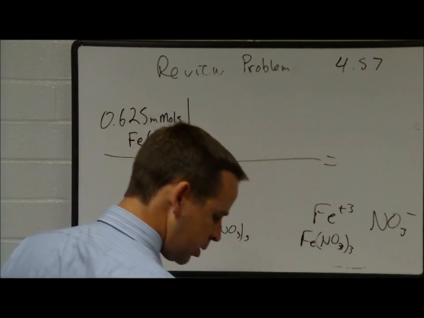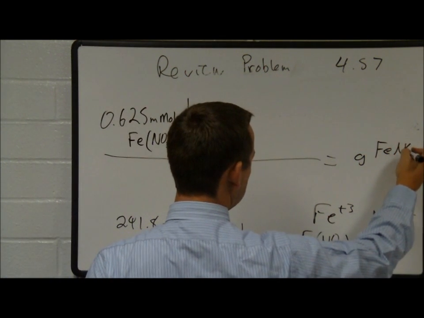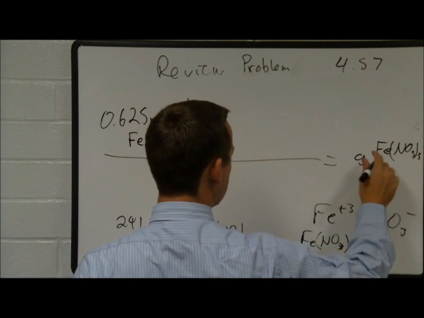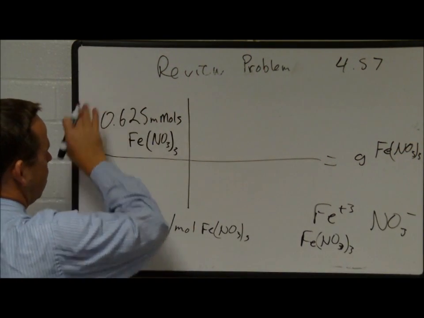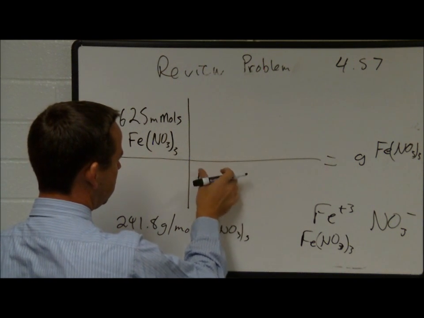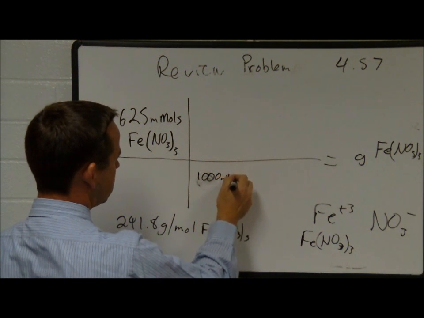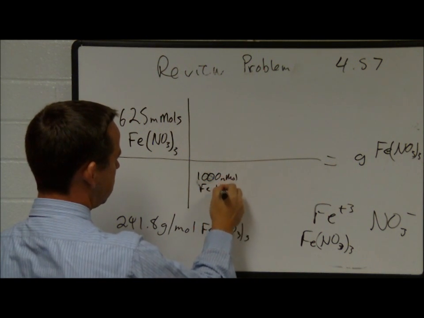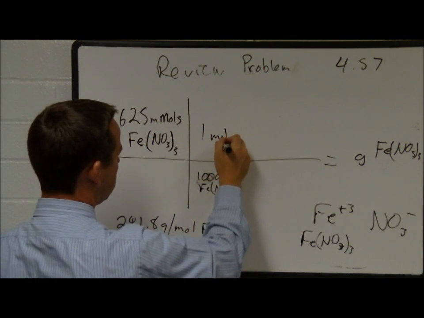Okay? And we want to know how many grams of iron nitrate there are in this many millimoles. Okay? Millimoles, well, for every 1,000 millimoles of iron nitrate, we have 1 mole of iron nitrate.